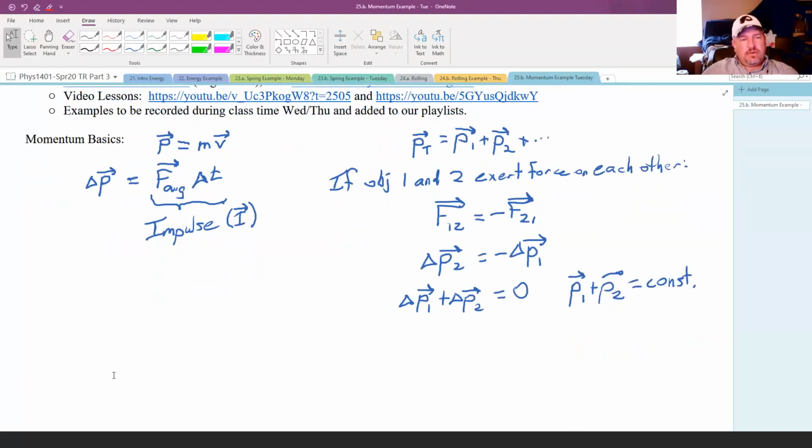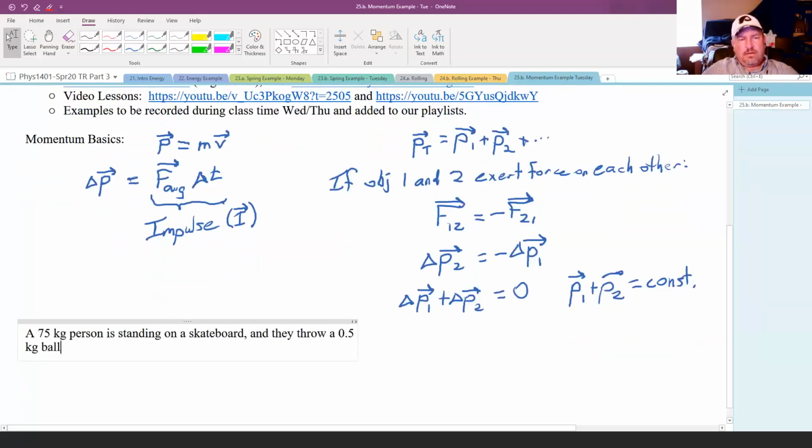So let's say a 75 kilogram person is standing on a skateboard, and they throw a 0.5 kilogram ball forward with, let's see, how fast can a person throw a baseball?